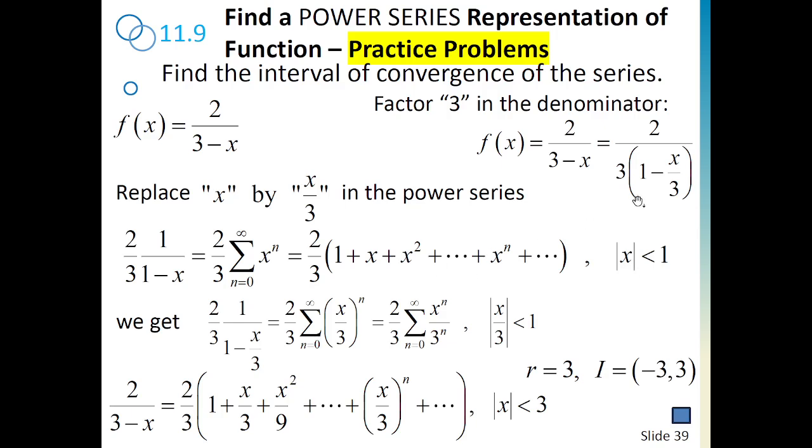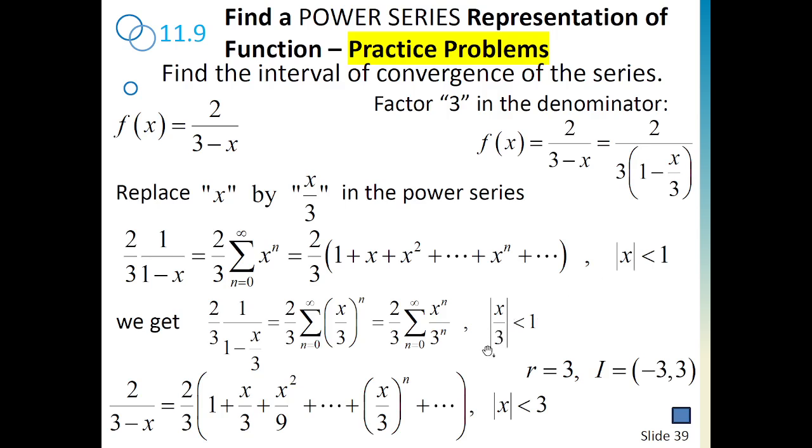Now what we do here to get the expression of the function, we need to replace x by x over 3. So let's just replace x by x over 3 in the expression of the sum here, and in the expression of the general term, so x replaced by x over 3, and in the expression of the interval of convergence. Instead of x, we have x over 3.